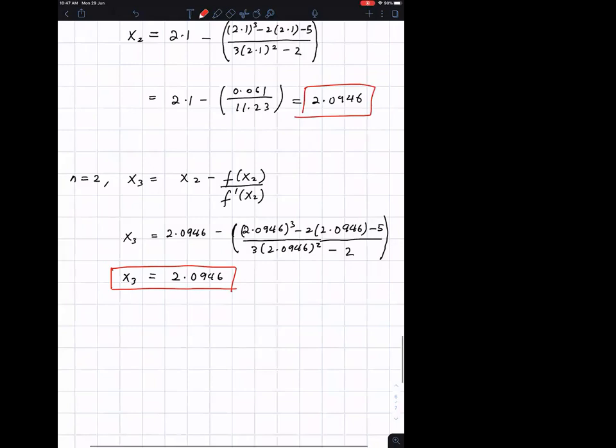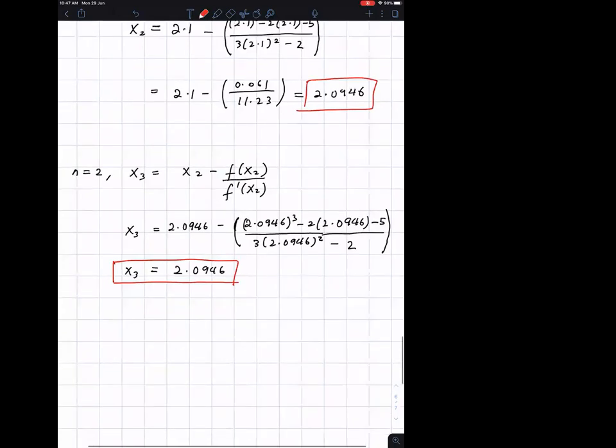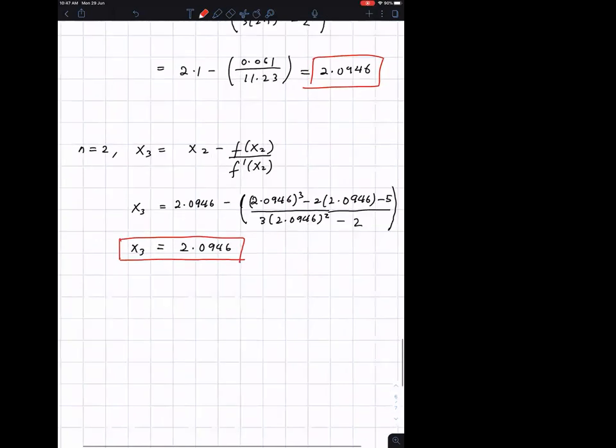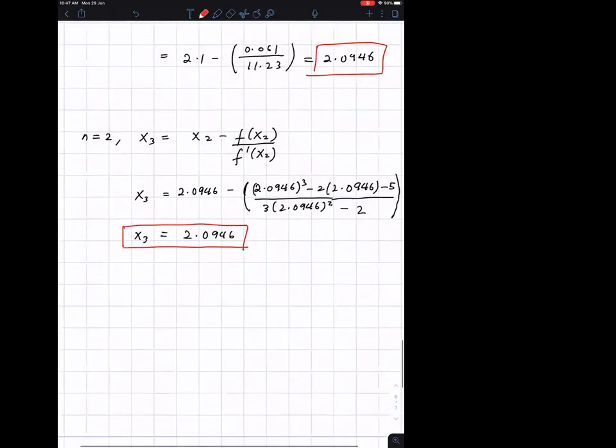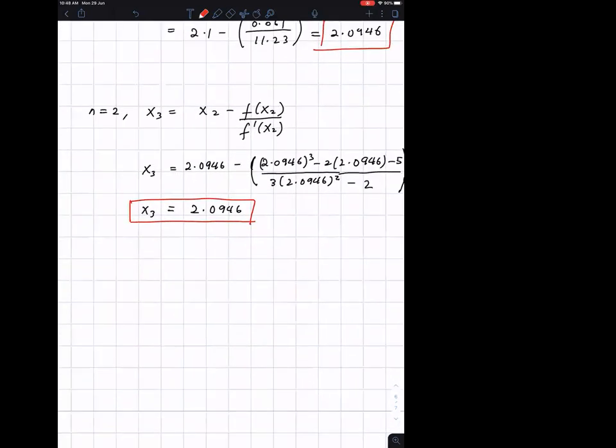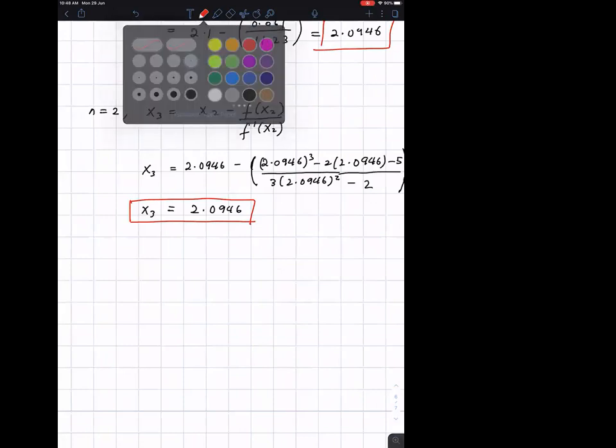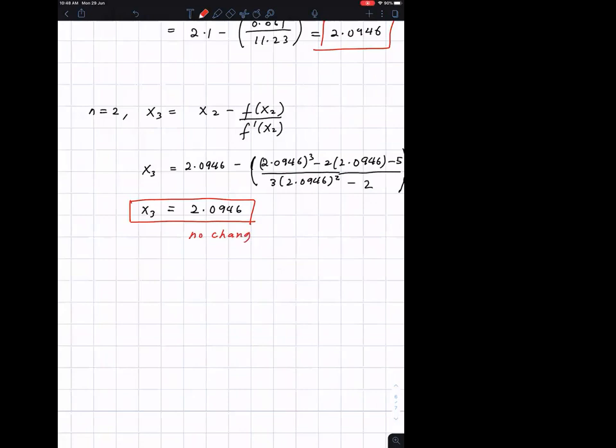If you're calculating this to 4 decimal places, maybe if you calculate this to 10 decimal places, it might change. But if you're happy with this, you can stop. No change from the previous iteration.